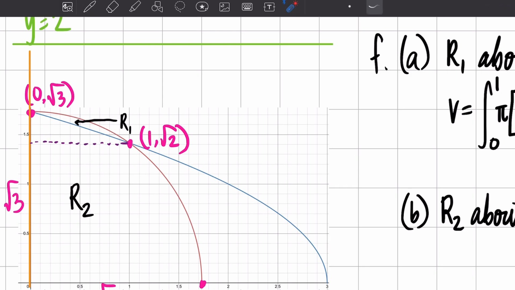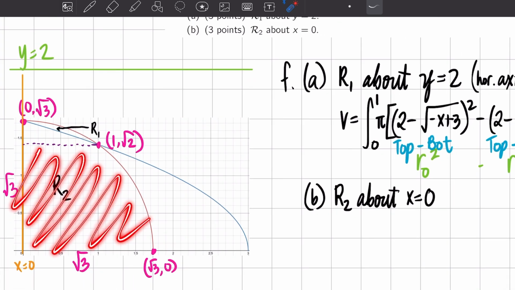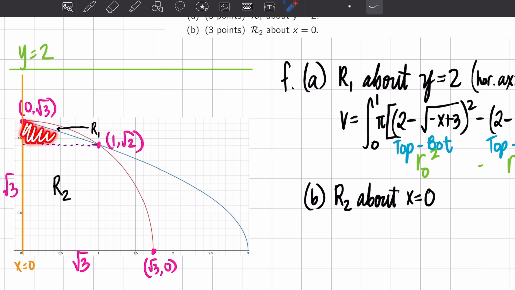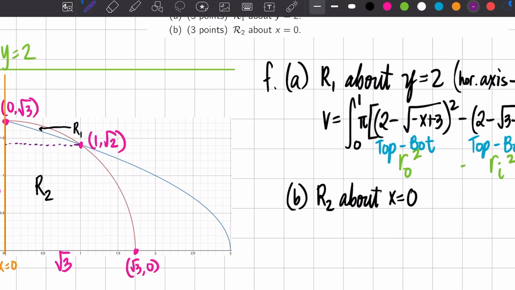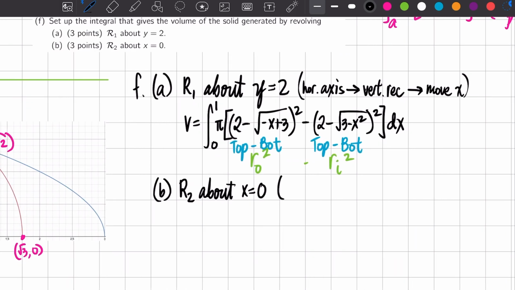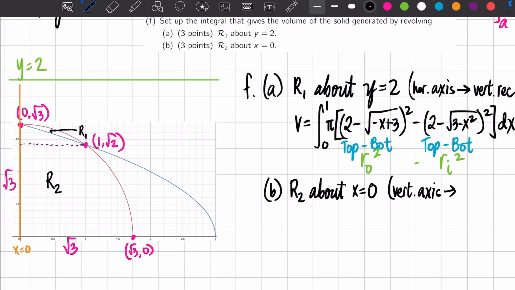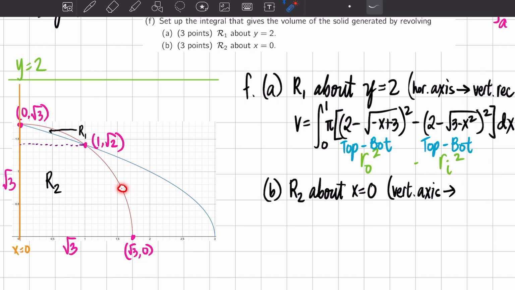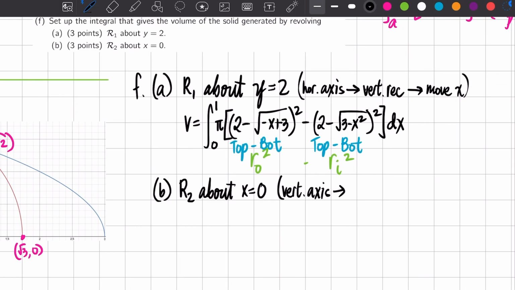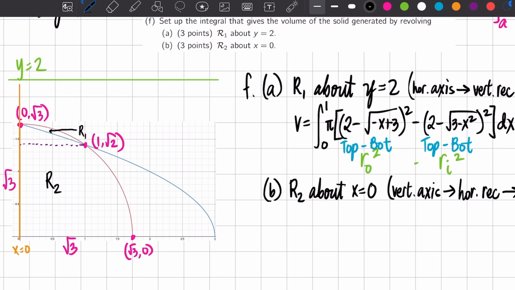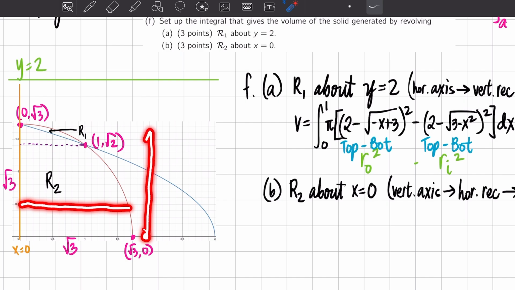And we obtain the volume separately. So we obtain the volume of this part right here, then we just add the volume of this one right here. So take note, we are now using a vertical axis. So when you measure your washer, you're starting from here until here. What you are using are horizontal rectangles. And since you're using horizontal rectangles, for you to span the entire region, you'll be starting from the bottom part until you reach the top part.